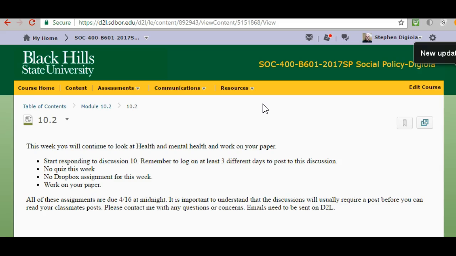If you have any questions, send me an email. I could either meet with you face to face on campus, or I could do a telephone discussion. You can give me a phone number and a good time to call you, and I can get any questions cleared up. So I'm pretty open to doing that. Again, make sure you reach out to me.